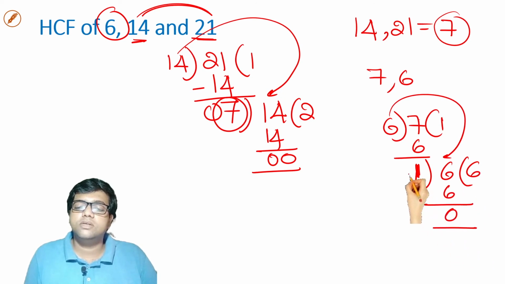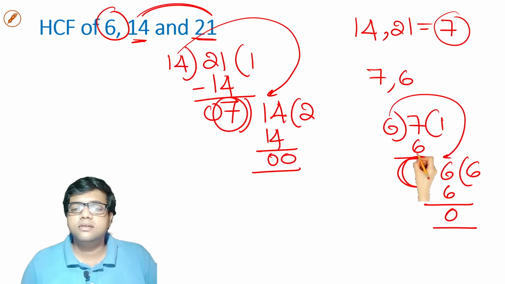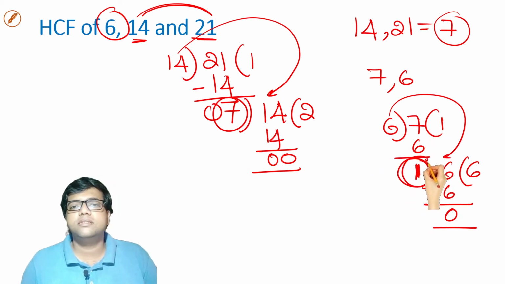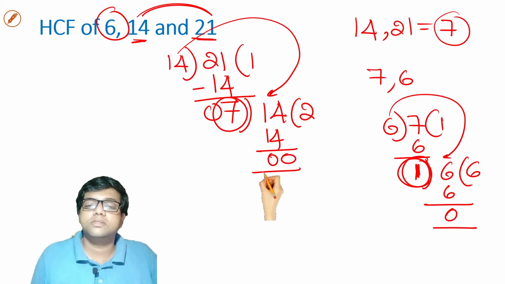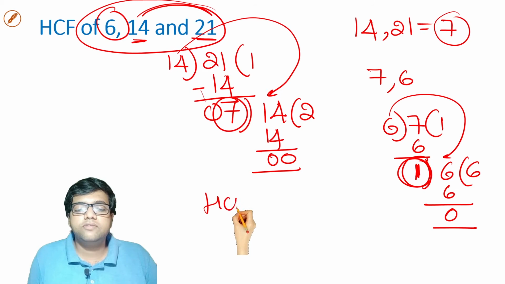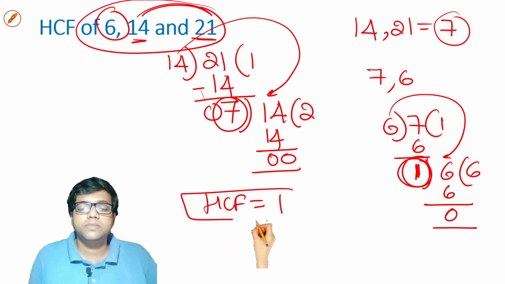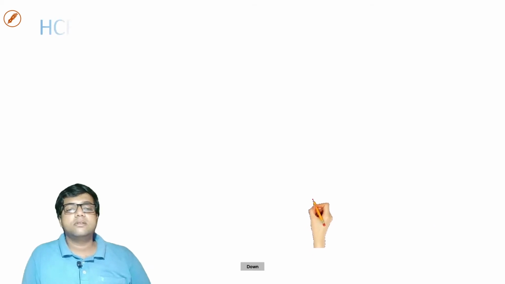You will get 0. So whenever you get remainder 1, you can call that 1 itself as the highest common factor for all the three numbers. Considering all the three numbers, the highest common factor for this question is equal to number 1.